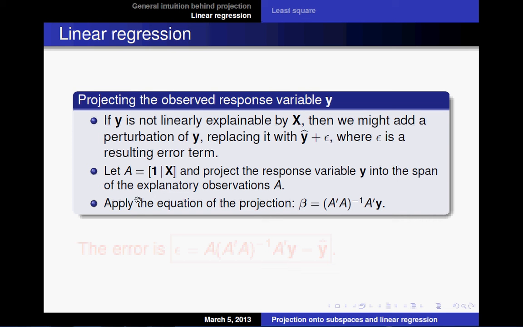By applying the previous equation, we get that beta will be equal to (A transpose A) inverse A transpose y. This directly follows from the previous equations, and the error term will be that guy.